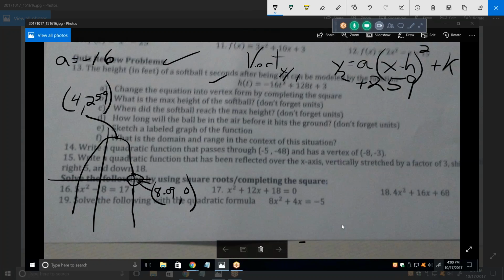If you let t equal 0 in the original function, that's the easiest way to figure it out. Wipes out that term, wipes out that term, you're left with whatever the constant is. So h of 0 equals 3. That was the height that it was at when it was hit.